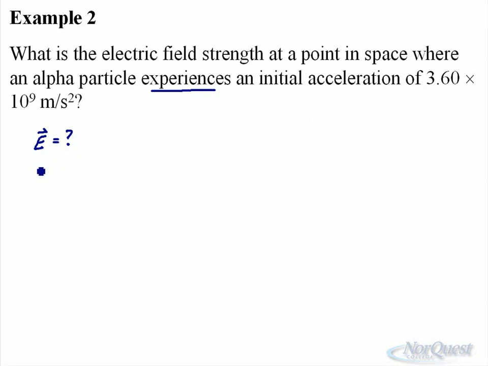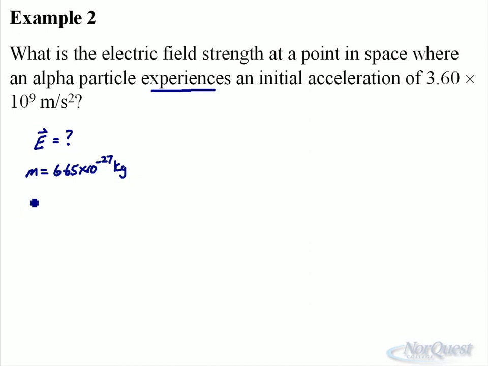So when you look on your data sheet, you've got the charge of an alpha particle and the mass of the alpha particle: 6.65 times 10 to the negative 27 kilograms.